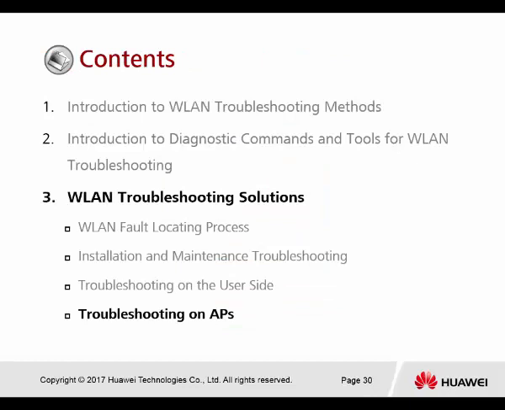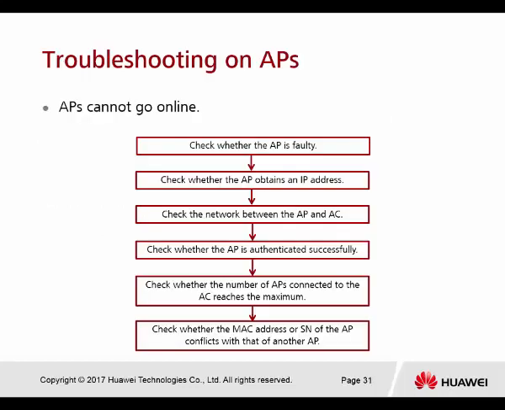Then the last one is troubleshooting on APs. When the AP cannot go online, first we need to check the AP. Check whether the AP obtained an IP address. For every single IP device, the first thing we check is, of course, the physical connection. We need to make sure the AP has the power supply.